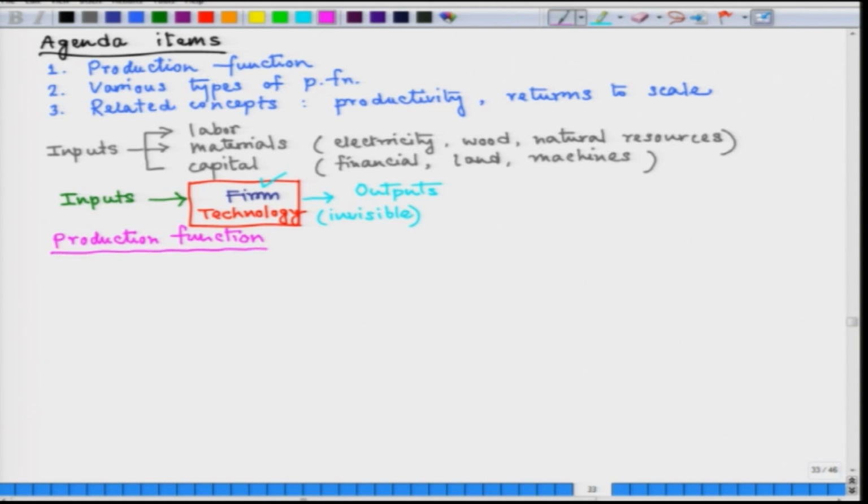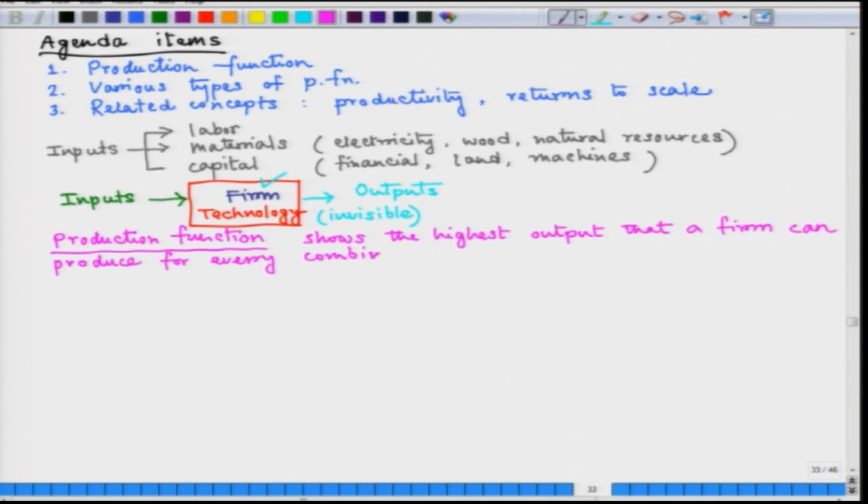So one can write that production function shows the highest output that a firm can produce for every combination of inputs.